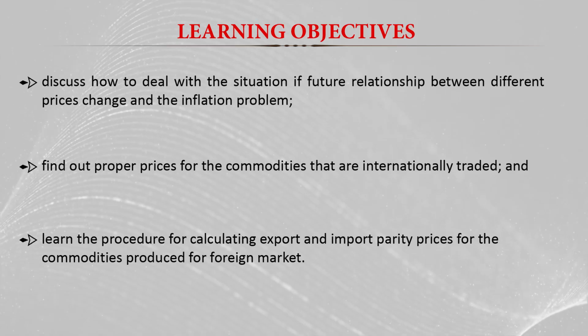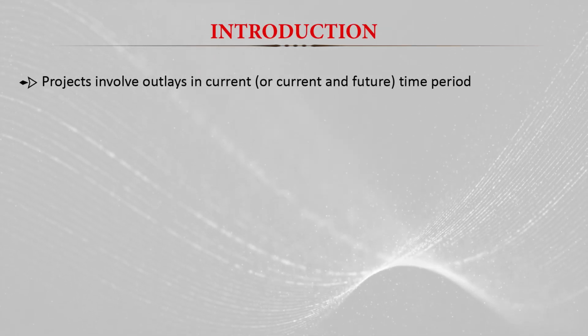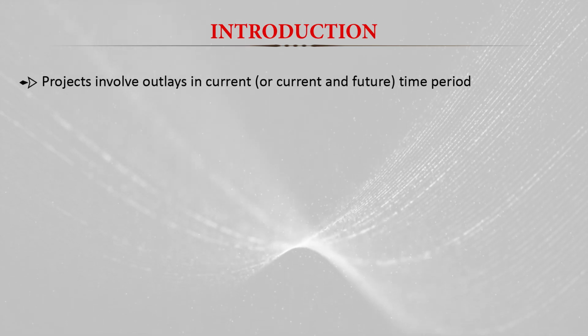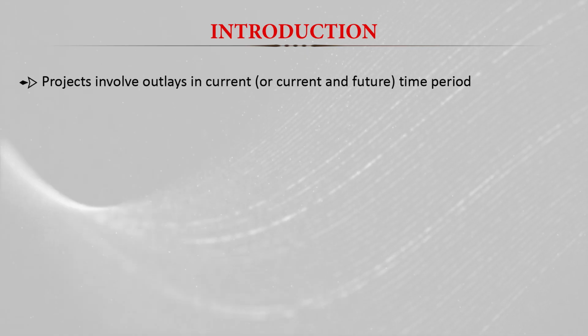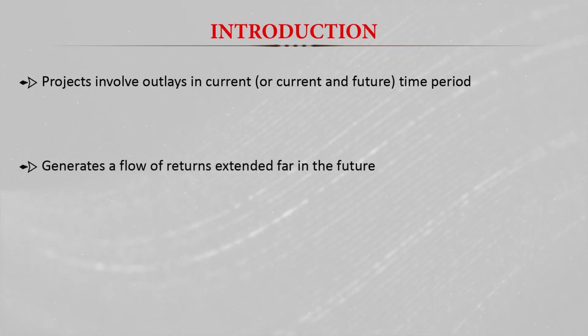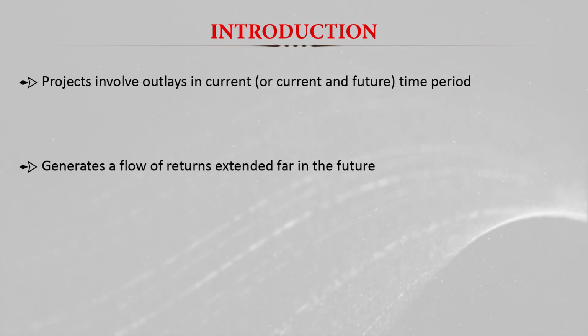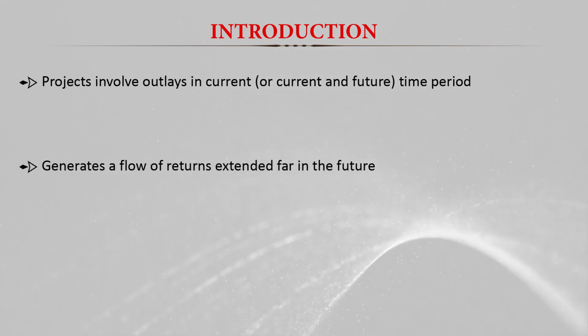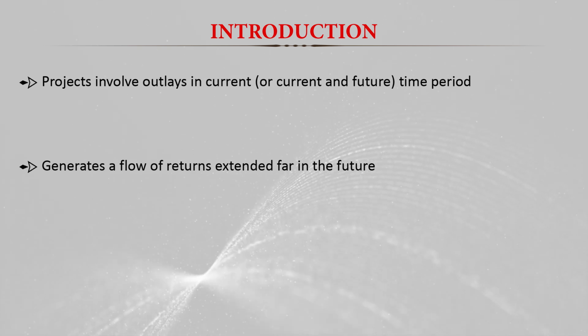Projects sometimes involve outlays in the current period, or sometimes in the current and future time periods also, and the project generates a flow of returns extended far into the future. Not only in the current year, the flow of return extends to many years, sometimes 2 years, 5 years, to 10 years.